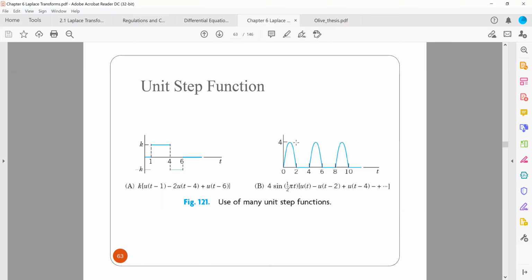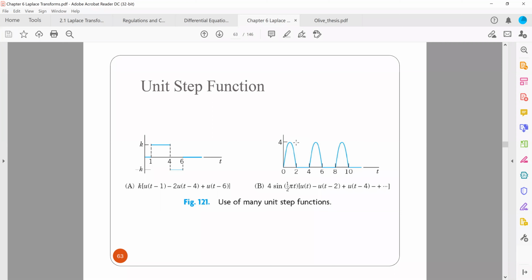So it starts from where the other one stopped, at 1 minus 2, and this is also going on infinitely. If the third step function, u(t - 6), wasn't there, this would go on infinitely at minus k, because it would be like minus 1 times k. But because you're now adding another unit step function, which is positive, it's going to be like another 1 times k, which is minus k plus k. Then you set it back to 0.